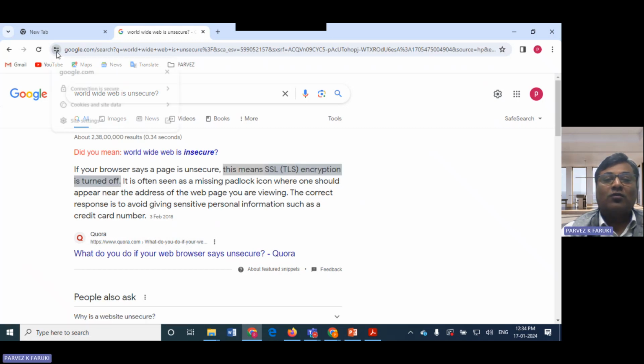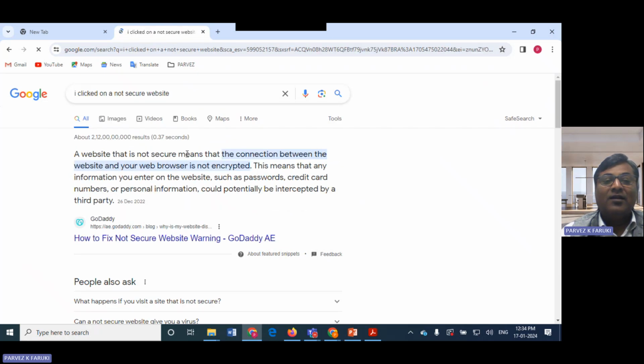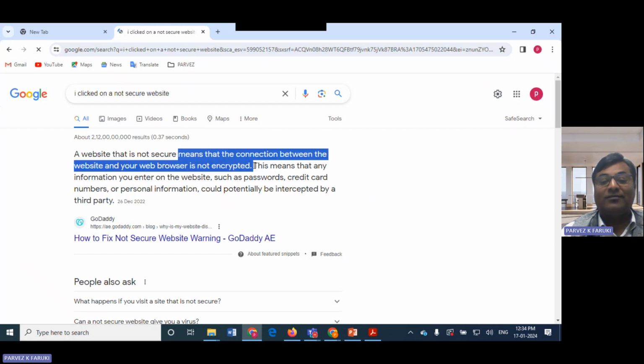This lock, or the padlock icon, is an additional security measure that as a developer, you will provide to the client. So if you are developing a website and if you want your client information to be protected, then you have to ensure that the web is secure.